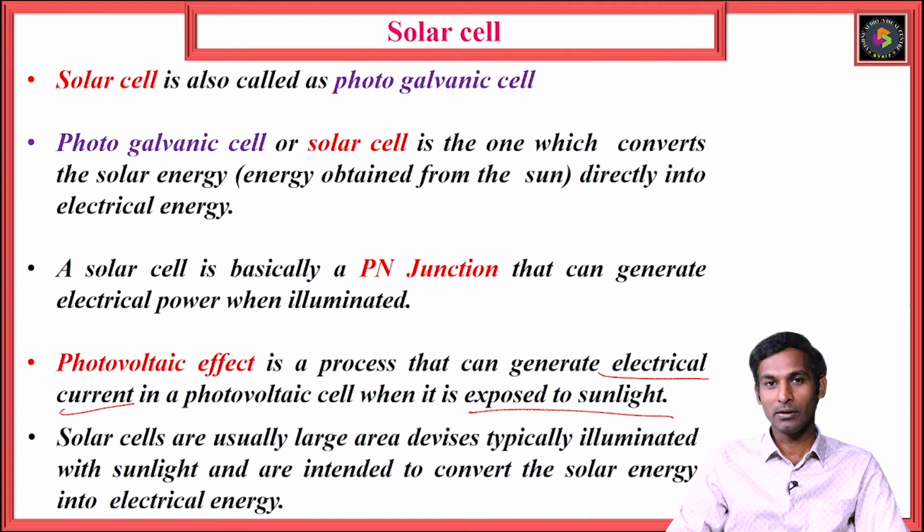This is one of the key factors for the solar cell. In this slide, the solar cell is a photogalvanic cell, and it is also said to work on the photovoltaic effect. The solar cell is formed as a PN junction diode.